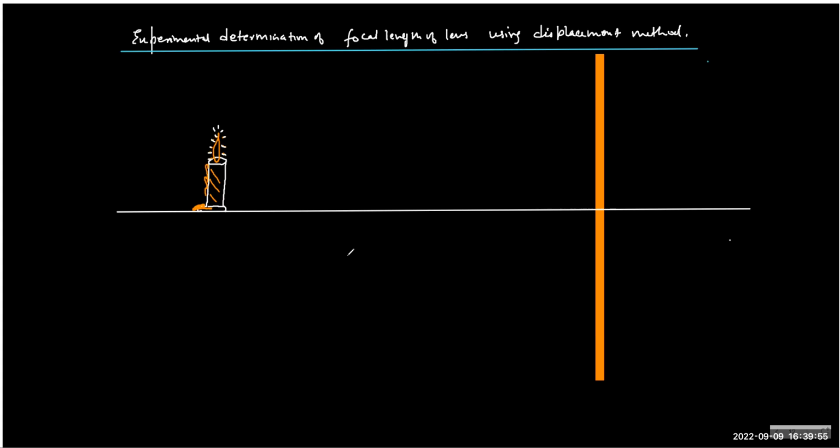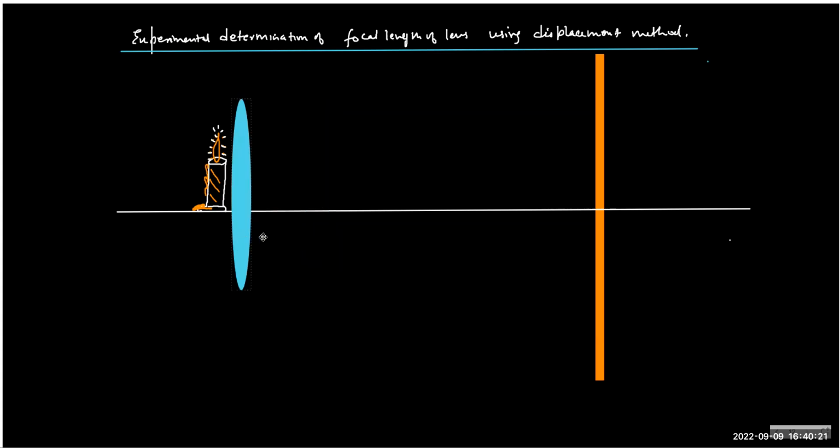So now this candle and the screen are fixed quantities. We don't change them. And we take a convex lens. So this is the convex lens. What we do next is we slide the convex lens till the instant the first sharp image is obtained.